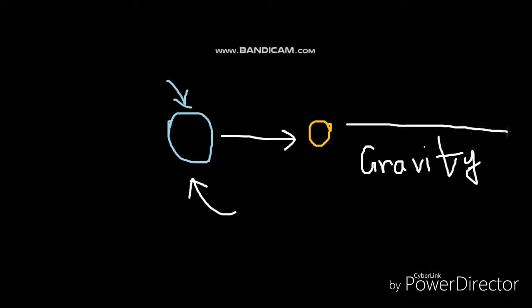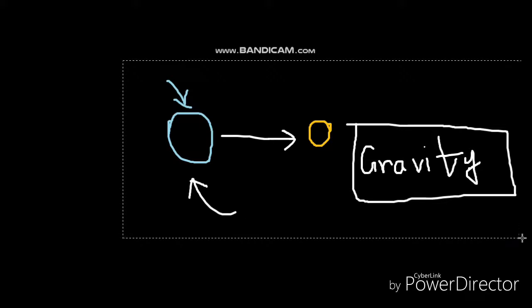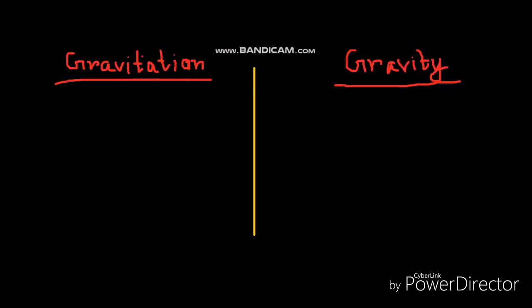So this is the basic concept of gravity, and the equation of gravity and gravitation is almost the same, but they have some difference. Let's check the equations of gravitation and gravity and the difference between them.